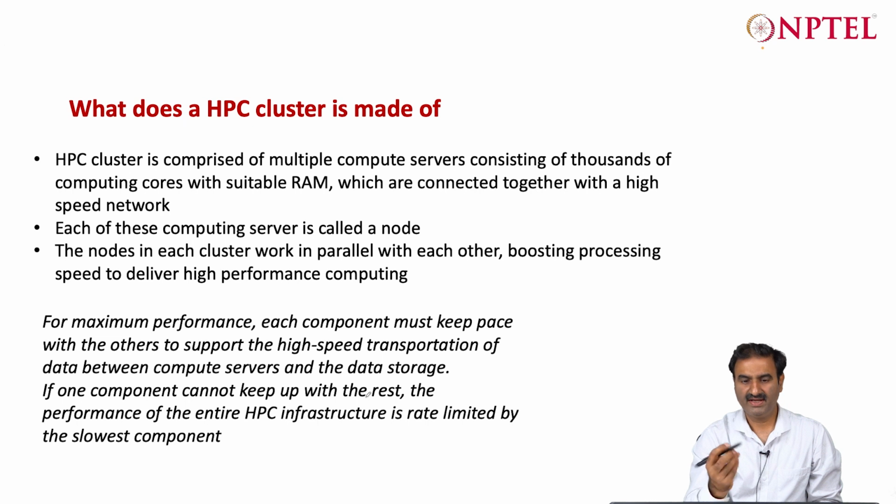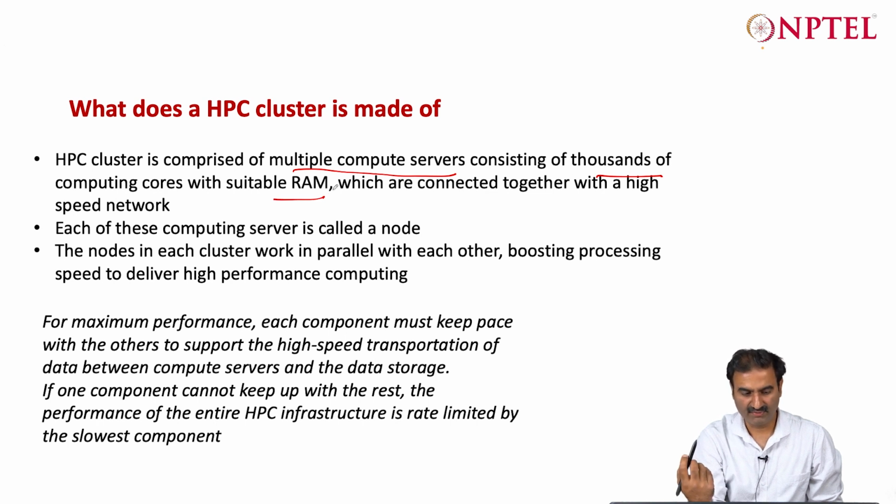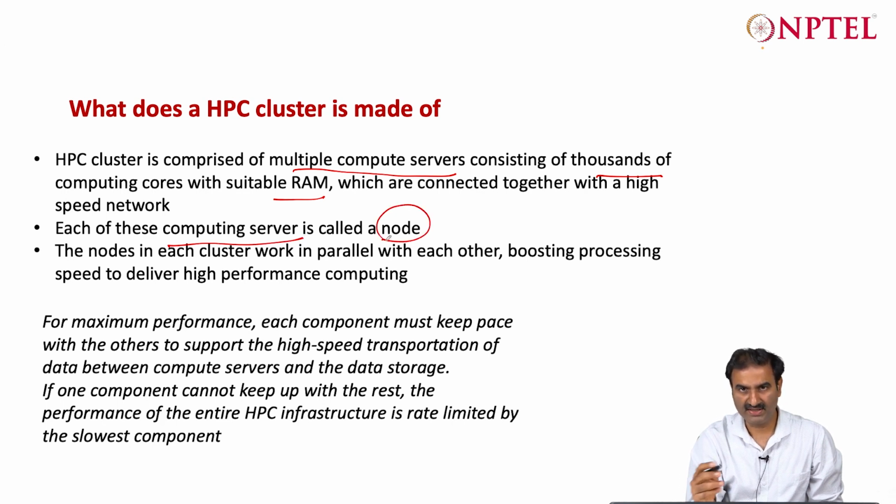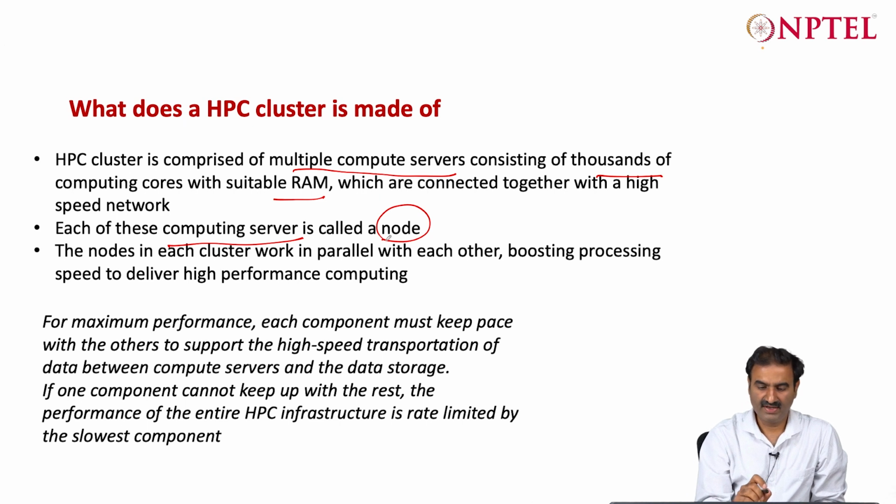So basically an HPC is comprised of multiple compute servers containing thousands of cores, with suitable RAM depending upon the task that you want to do. Each of the computing servers is called a node, which are connected by the network edges, and as I mentioned, each component must keep pace with the others.